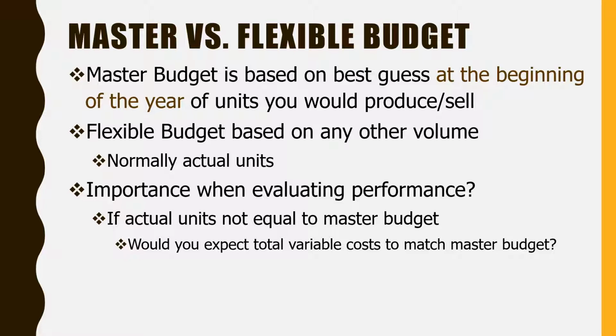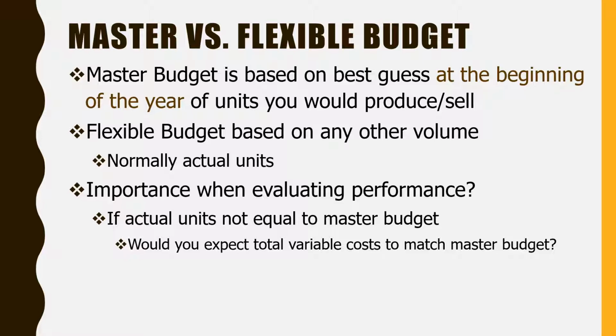The importance of the flexible budget is the master budget makes a lot of sense when you're planning, but makes no sense when you're evaluating people. So the reason is, if you think about it, would you expect your total variable cost to match your master budget if the actual units change?